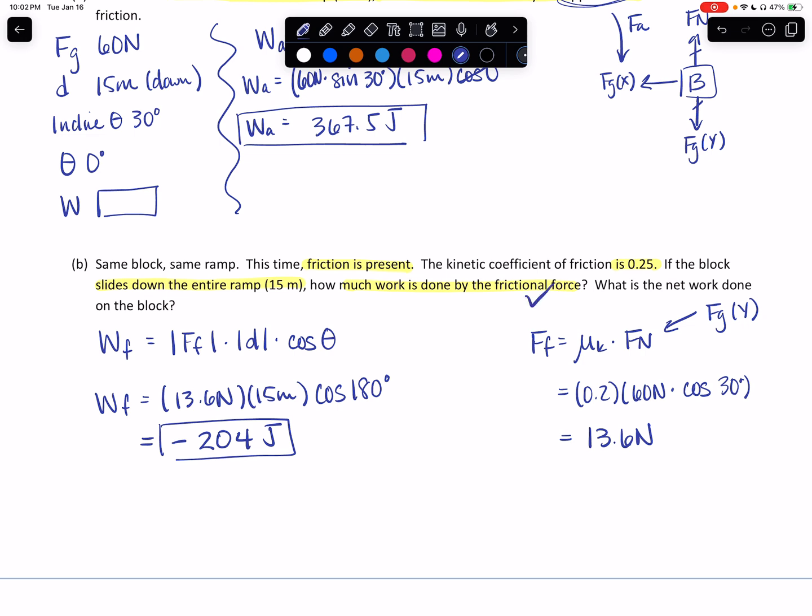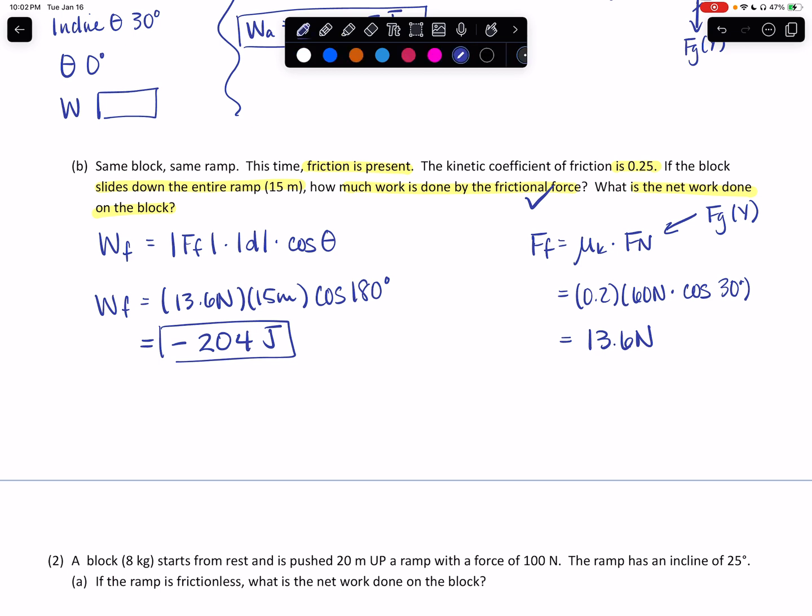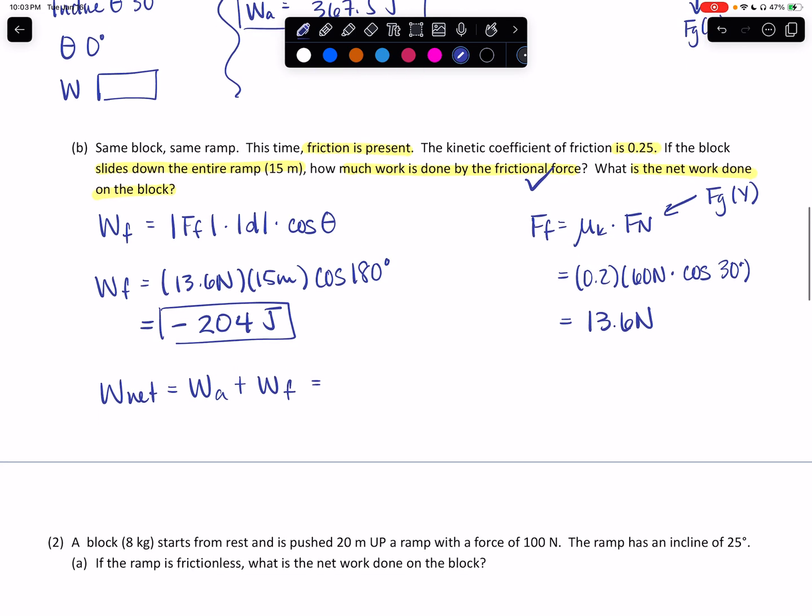So that's this question. But the second one wants to know, what is the net amount of work that's being done on the block? So we're going to go back and think about that applied work we just calculated, and we're going to use it along with our frictional work to calculate our net work. So we had an applied work of 367.5, nope, not newtons, joules, plus a negative 204 joules for friction.